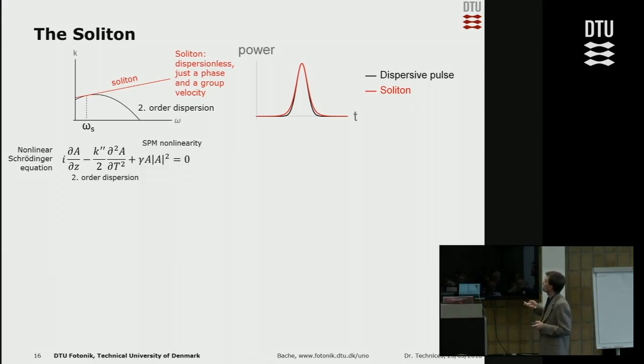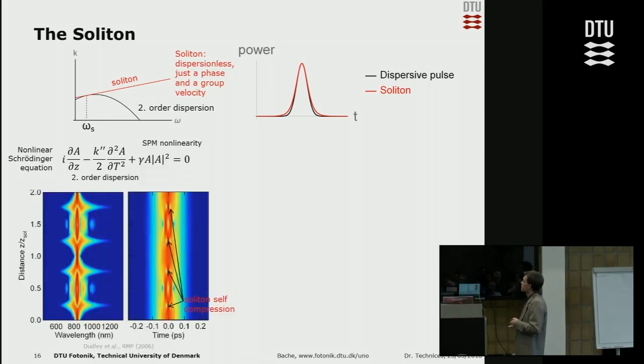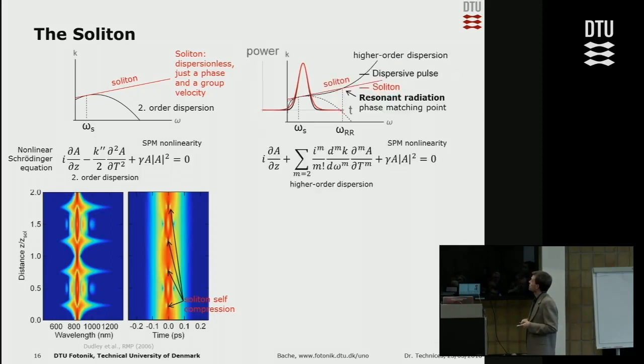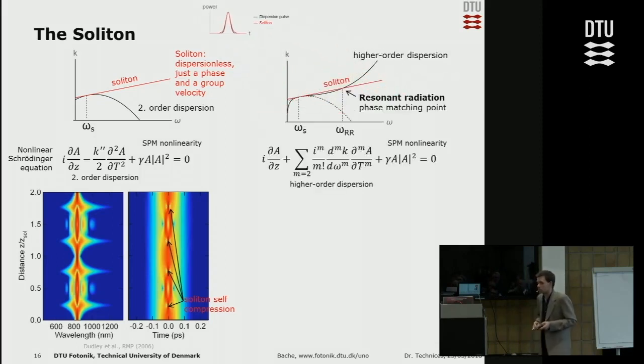So if you model this ideal soliton, then you get something like this. So this is wavelength and this is propagation. And in time, you see that the soliton, if launched with very high power, self-compresses to a very short pulse. And this is what we exploit to get soliton compression. But if you then add higher order dispersion, suddenly you see that the soliton can become phase matched to a point on the other side, so for higher frequencies than the soliton.